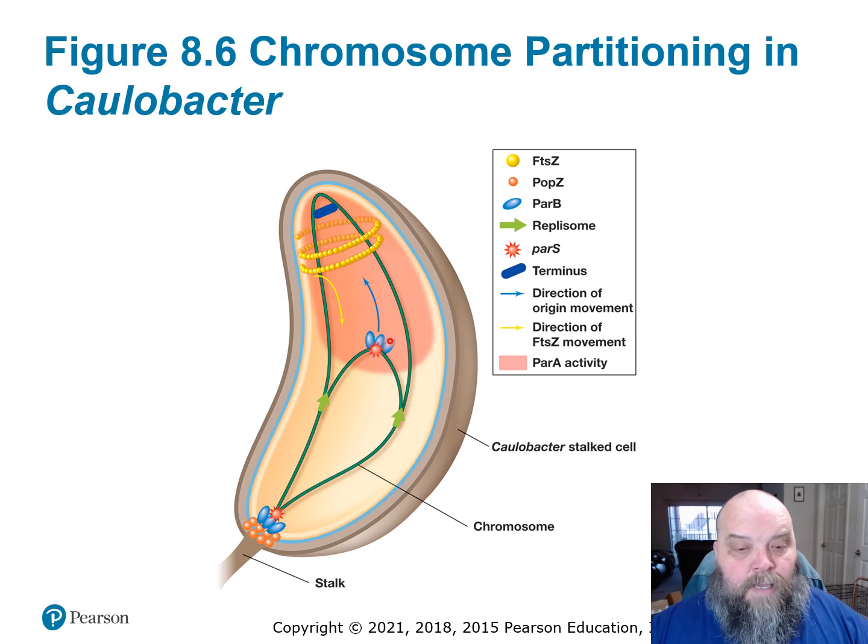ParS bound to ParB is acting as a motor protein and pulling this way. Remember, our two replication forks will meet here near the terminus. So as they are moving this way, the new DNA is also being pulled, or the new double helix here. One of the new is being pulled here. The other is being held in place.